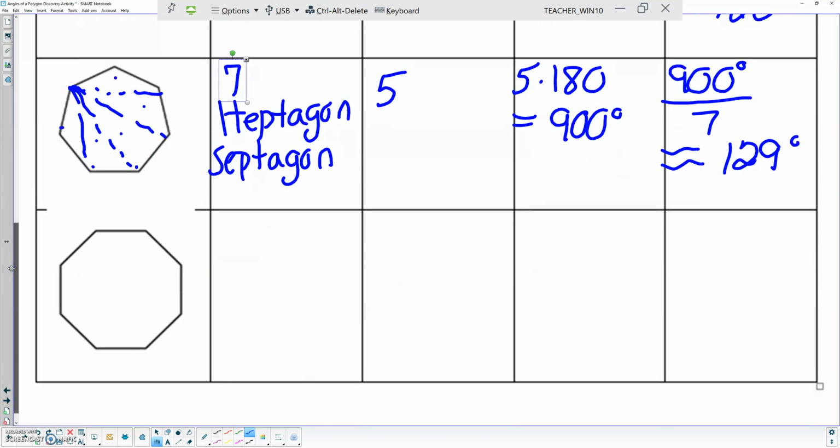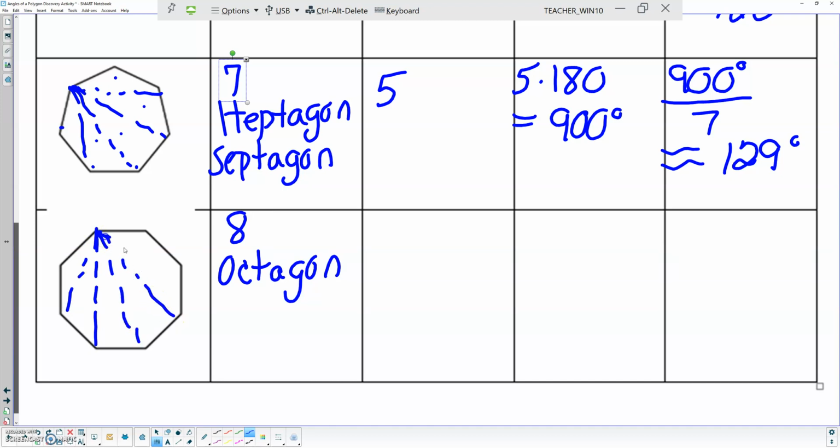And then the last figure has 8 sides, so that's an octagon. We're going to divide this up into triangles. We get 1, 2, 3, 4, 5, 6 triangles.